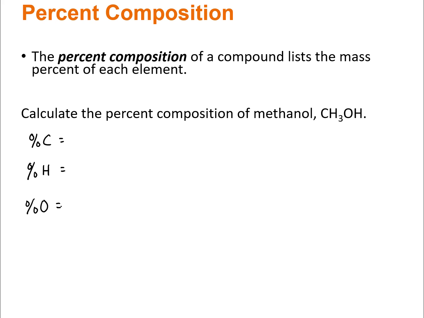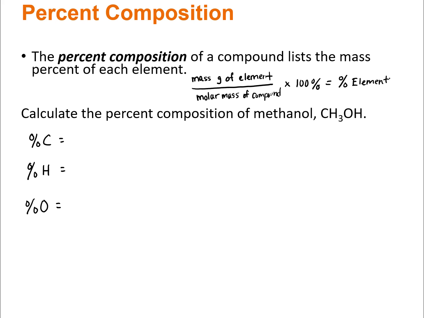Whenever you're doing percent composition, you're going to have the mass in grams of your given element over the molar mass of the compound. And that will be multiplied by 100%. And you do that for each element.